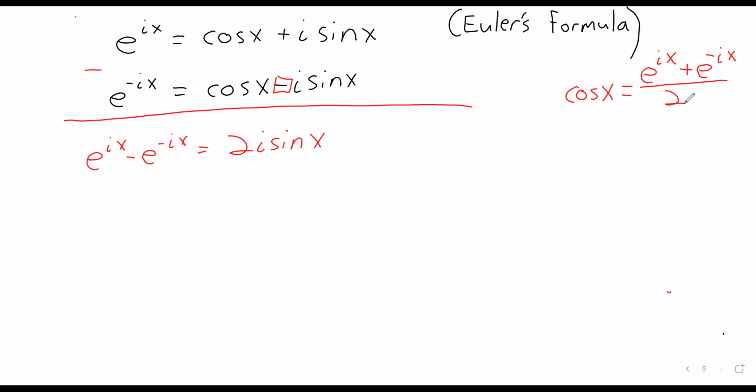And we divide by 2i this time. We get the sine of x is e to the ix minus e to the negative ix, all divided by 2i.